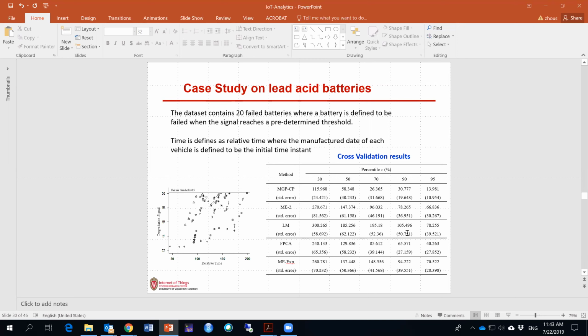It's 2 to 3 times better than other methods. So it's a pretty flexible technique. And it's pretty general, not only applicable to degradation signals, but also to other temporal signal prediction and modeling. So this is the second technique.